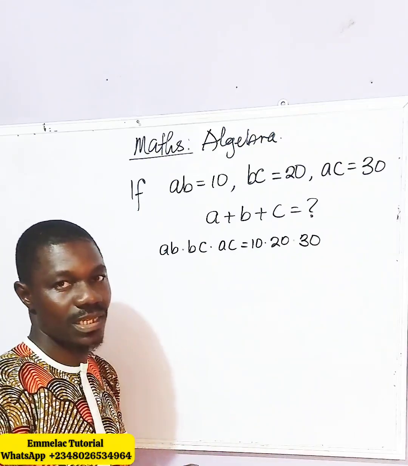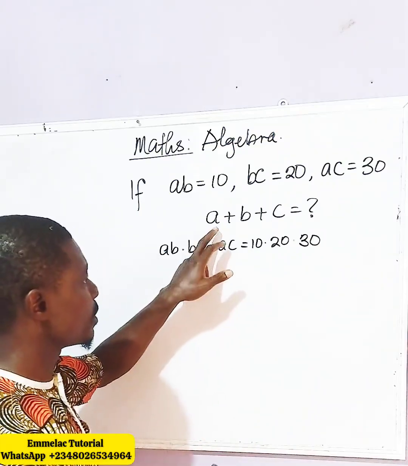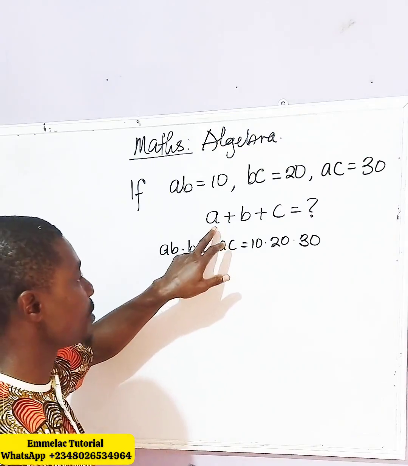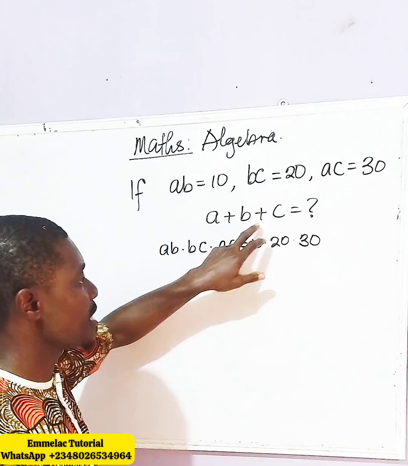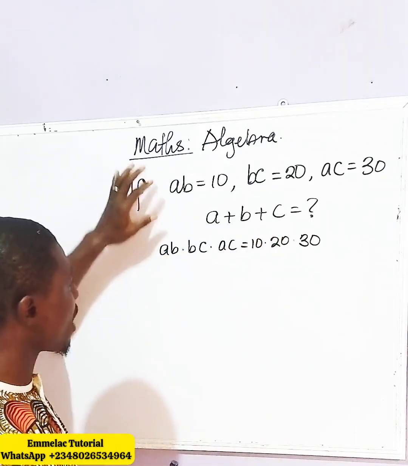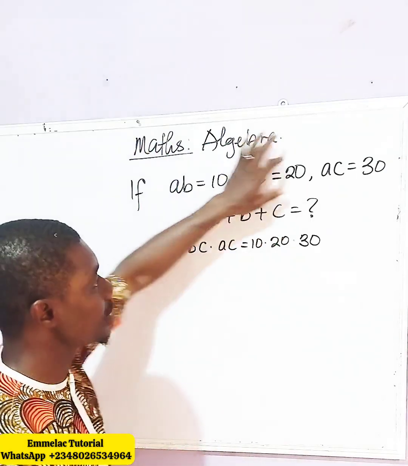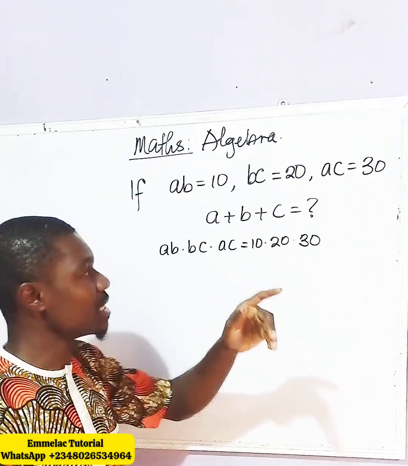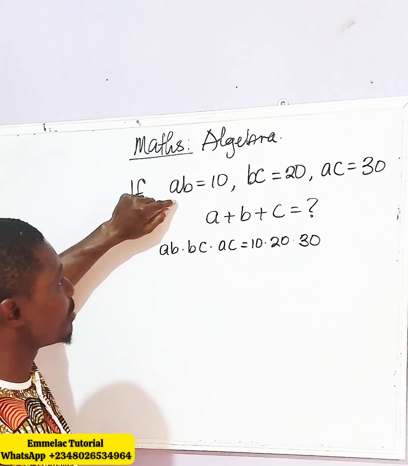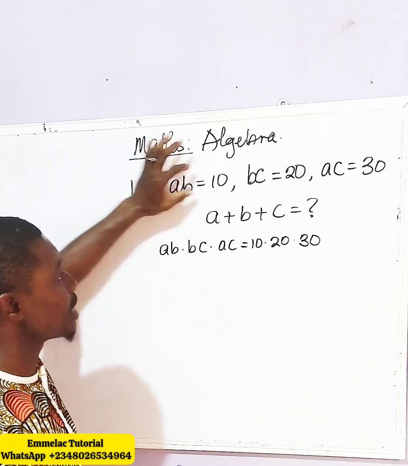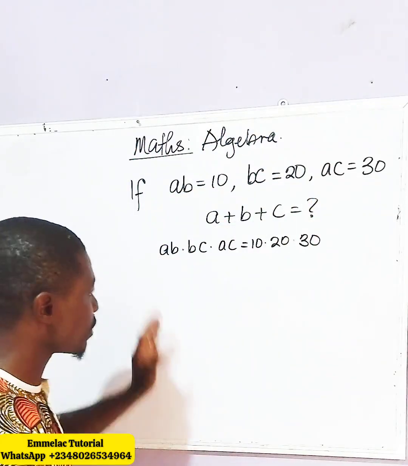Why I did this is for me to get the individual value of A, B, C. Now I need to have a combined product of A, B, C, now later dividing it by the individual of these terms. Okay, so that's why I'm doing this.